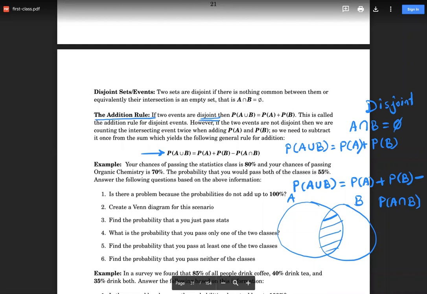Let's say this circle represents the probability of A, and this circle represents the probability of B. You can think of this middle portion as being counted twice, once with A and another time with B. If you count it twice, whereas you should be counting it once, you just subtract it once. That's what you see here. So that's what it is.